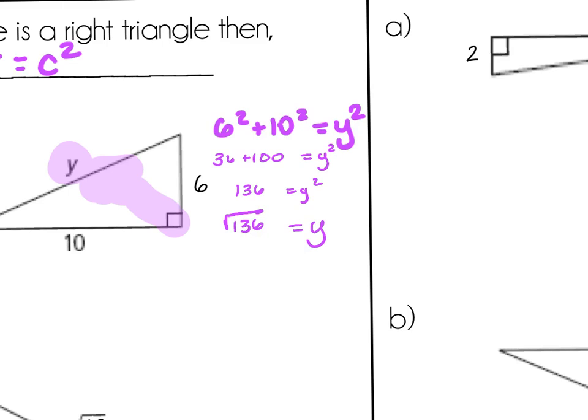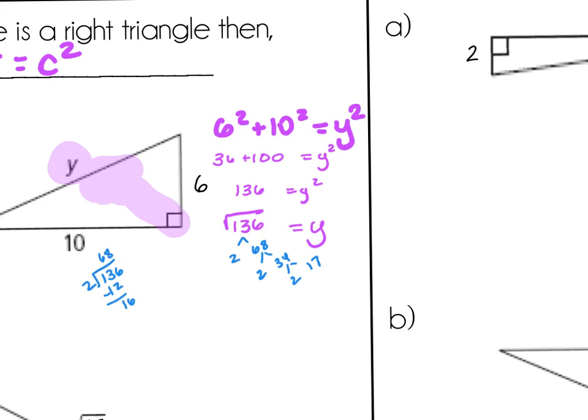So I'm going to first test to see if I can simplify this. I'm going to break it down. 2 would go into it, so 136 divided by 2. If you want to do that on your calculator, go for it. Then 2 and 34, and 2 and 17. You with me so far?